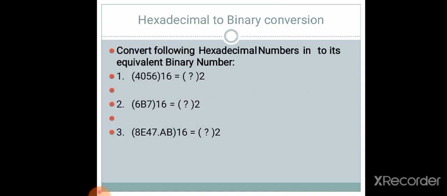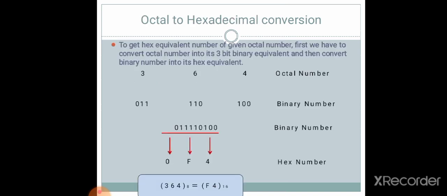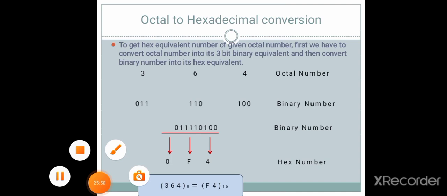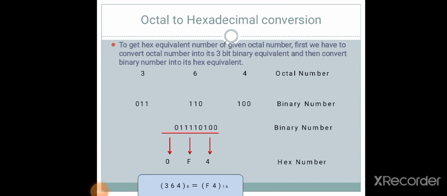This is the exercise hexadecimal to binary conversion. So before going to learn how to do octal to hexadecimal conversion, we'll see how to put the binary equivalents, right? So we'll see how to make the binary equivalent for decimal numbers.